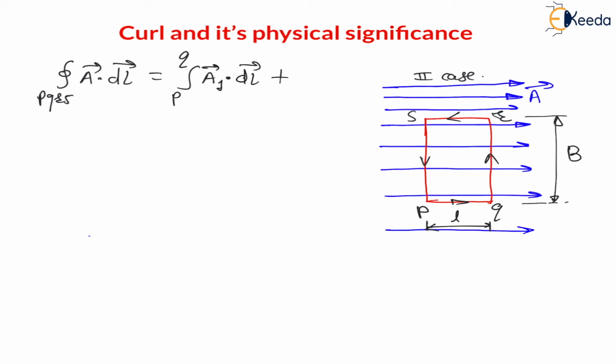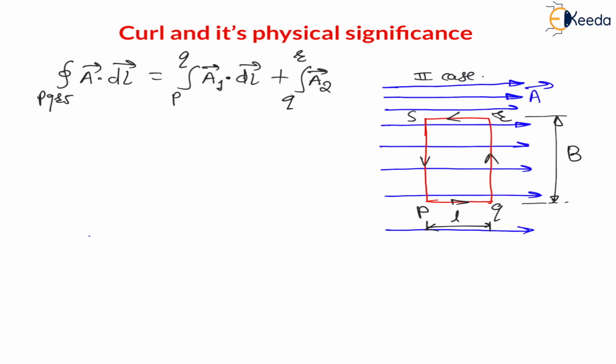Plus on QR, the line integral over line QR. Here the magnitude of the vector field is A2. Let us say at the center of QR, I am assuming the center, because on top and bottom there is a different vector field, so we consider the average, the middle point. Always the midpoints we are considering, right?